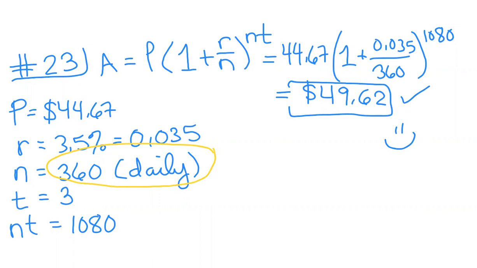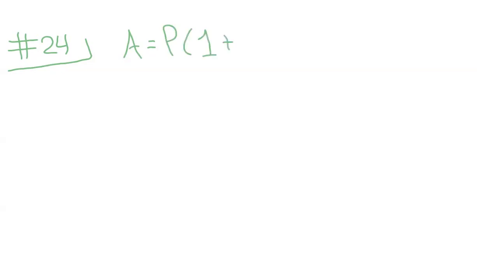Okay, so number 11 is number 24 in your book. So we'll go look at number 24. 24 still wants us to find the future value, but what we're doing is practicing different compounding periods, right?